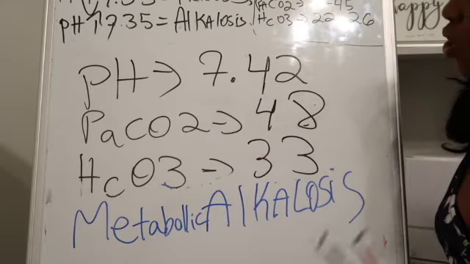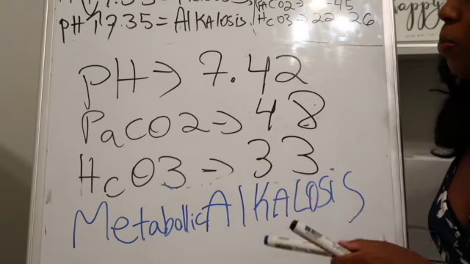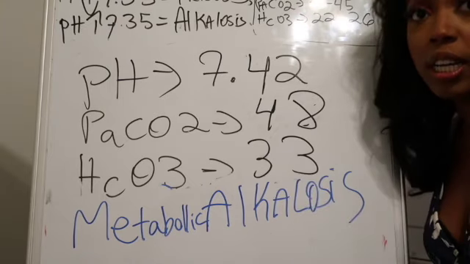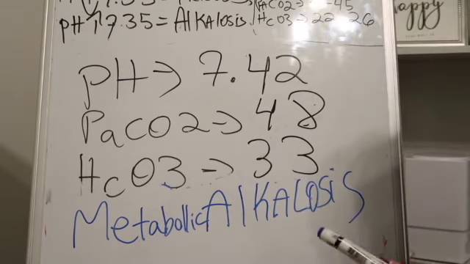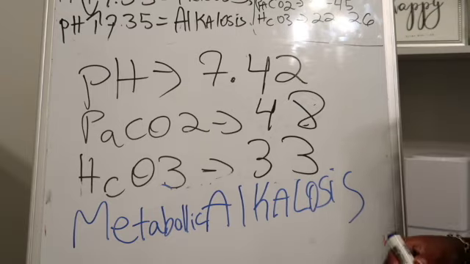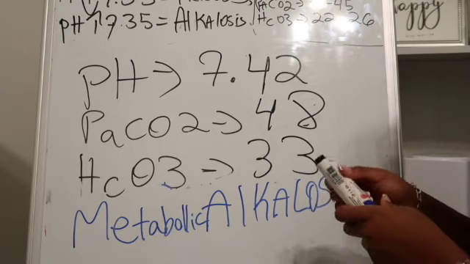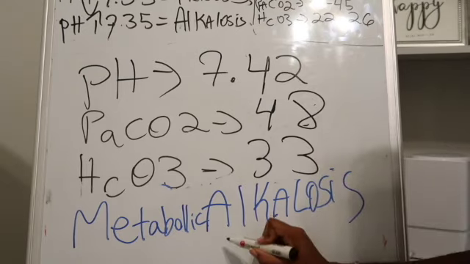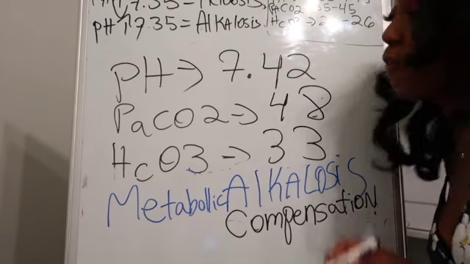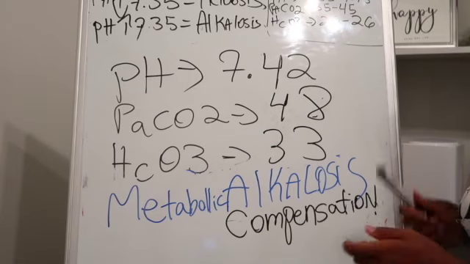Metabolic alkalosis. So is there compensation going on? Yes, of course there's compensation going on, okay? How do we know this? Because the PaCO2 is out of whack. So there is compensation. Is the compensation full or partial compensation?